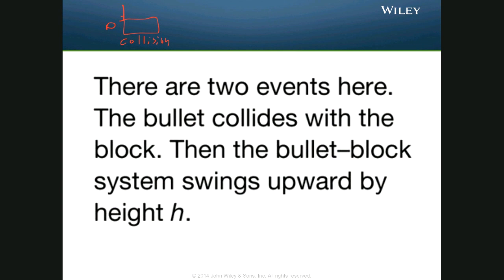I just get so excited by this example. We have the block raised by some height h. So you'll notice that here we have a collision. Here it looks like after the collision we have an energy problem.